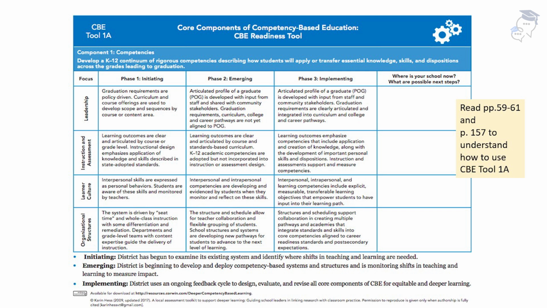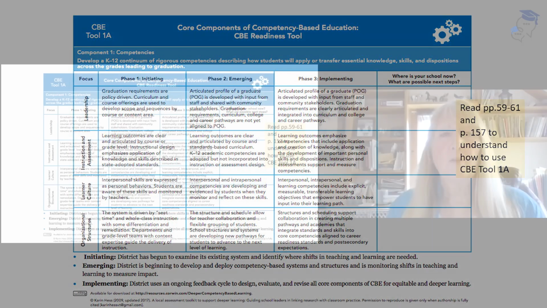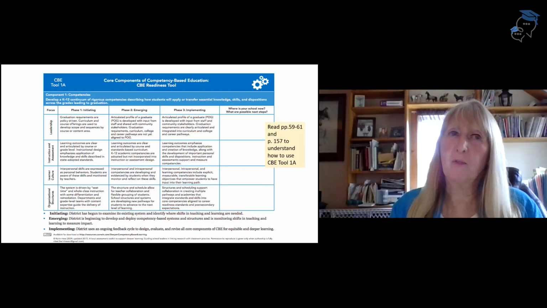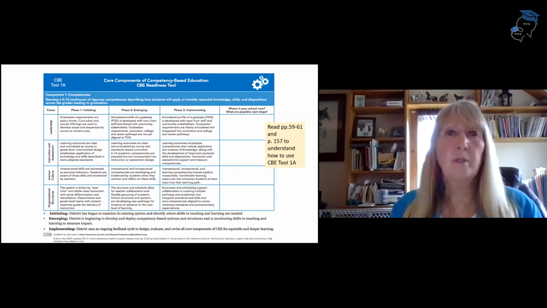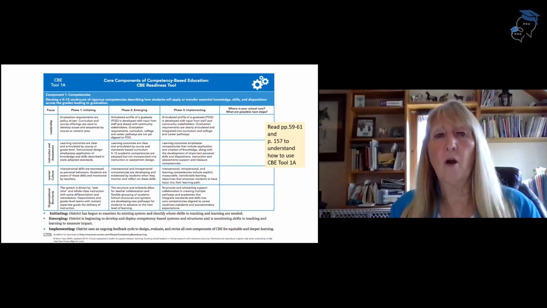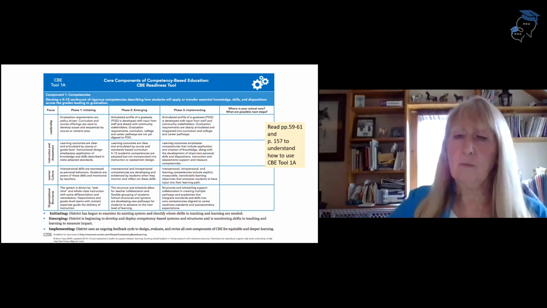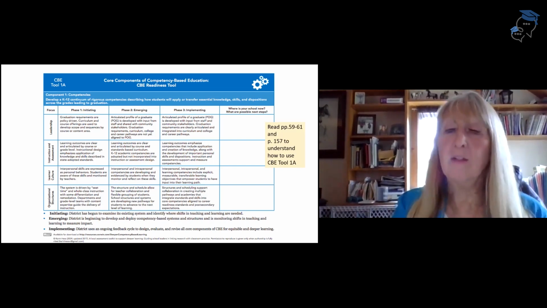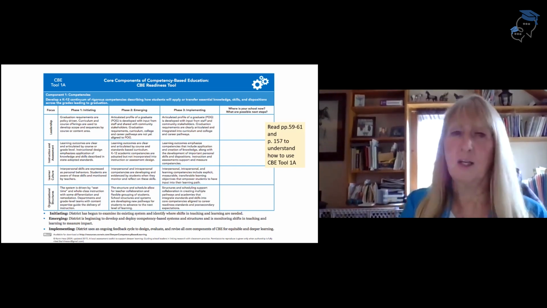So that would be an example of we're emerging towards a full implementation of our profile of graduate really guiding our work. So this is a good pit stop to come back to from time to time over the course of a couple of years, actually, to see where you are in the process. We assume that if you're on this webinar, you are initiating at the minimum.